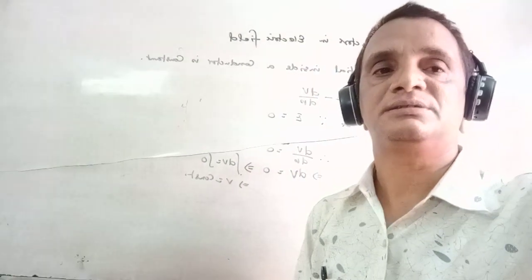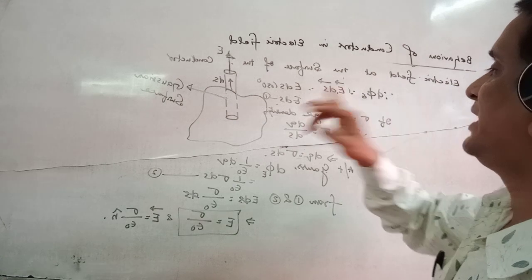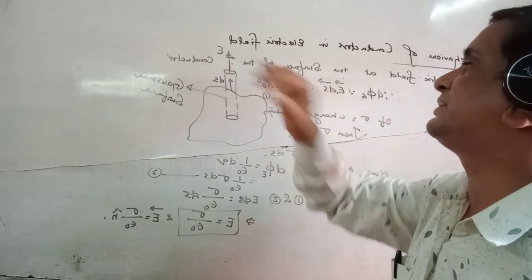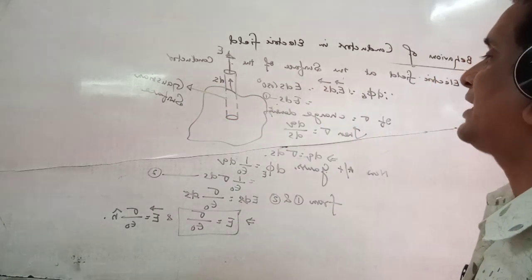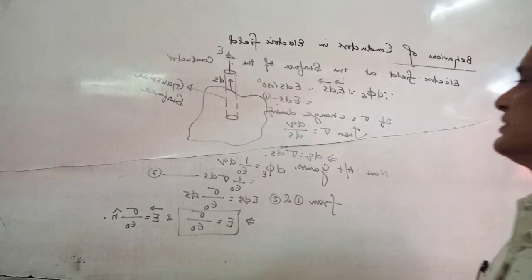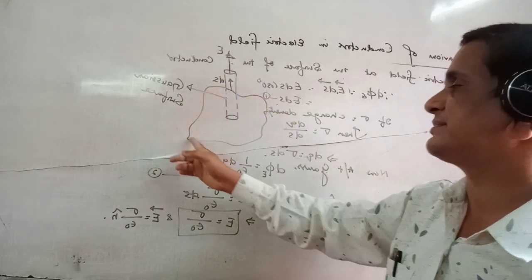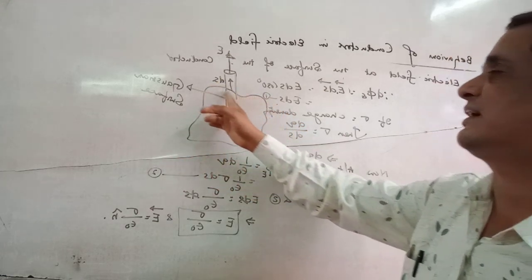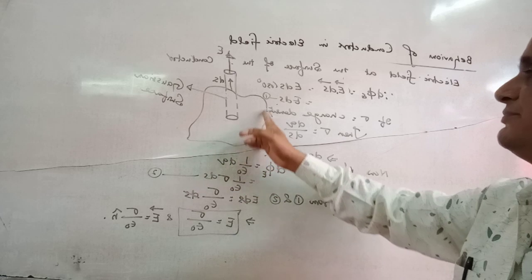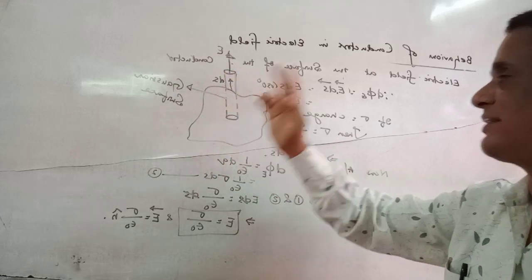Next, move to the sixth point. That sixth point is a very important one. We are going to find out the magnitude of the electric field on the surface of the conductor when an electric field is given. For that we have taken a conductor like this, and we have considered a Gaussian surface here.